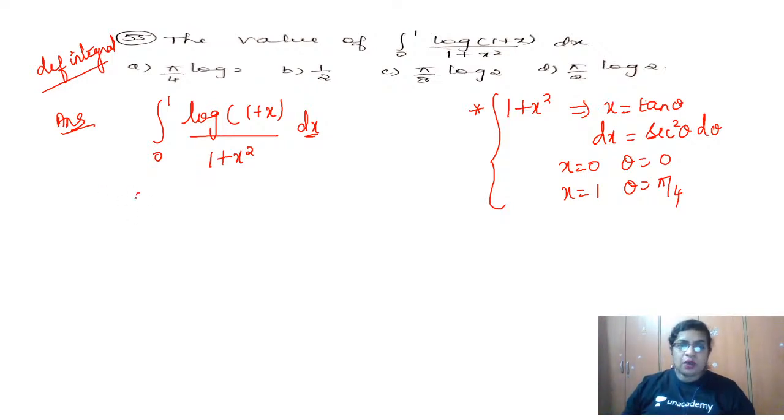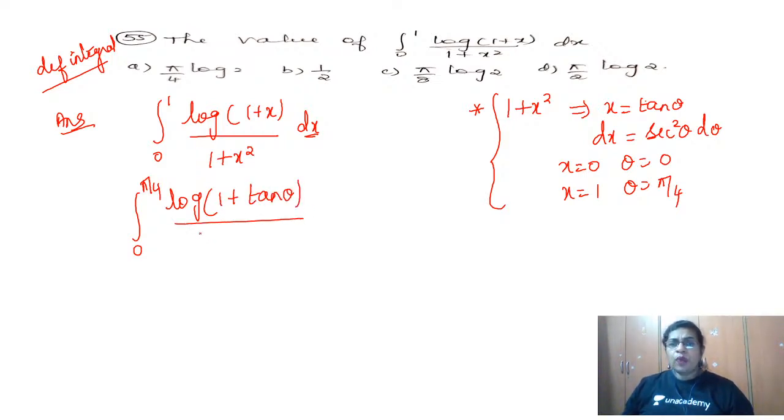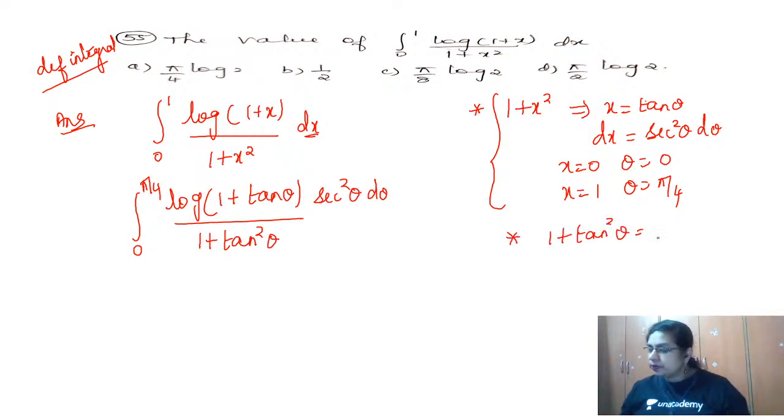So what is this now? The limits 0 to 1 now become 0 to pi by 4. You have log of (1 plus tan theta) divided by (1 plus tan square theta), into dx, which is secant square theta d theta. But tell me, what is this identity? 1 plus tan square theta is equal to... it is not long.